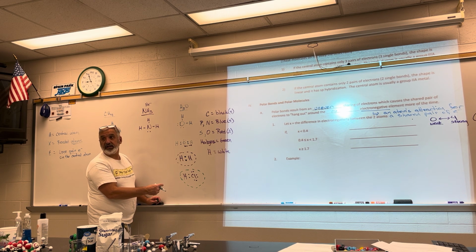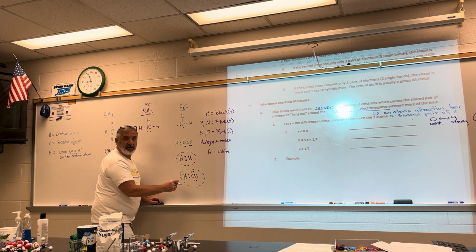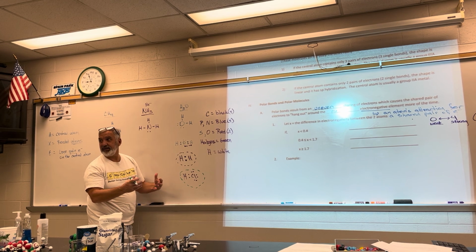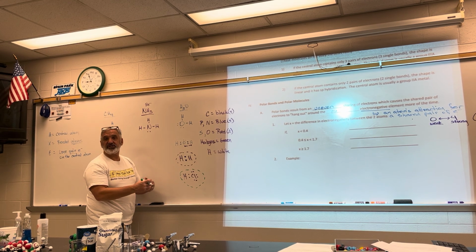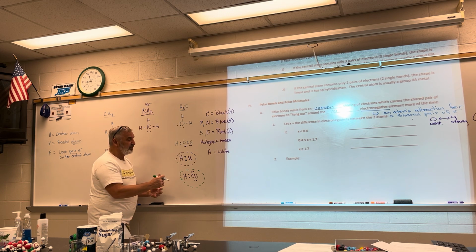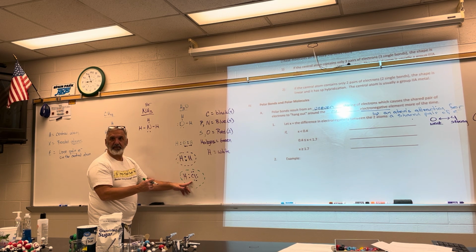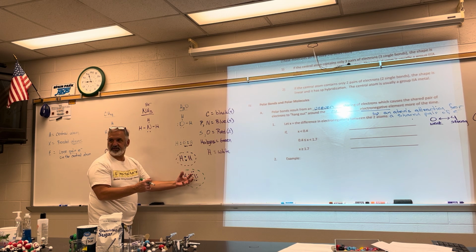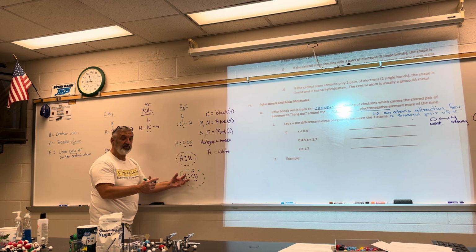What's the charge on an electron? Negative. So that makes this side, remember it's polar, it's not a transfer, so we're not getting ions, we're not getting a positive and negative, we're just getting poles, a positive and a negative end. Which one is going to be which? If the electrons are being drawn to chlorine, what charge are the electrons? Negative, so therefore the chlorine is going to be negative.